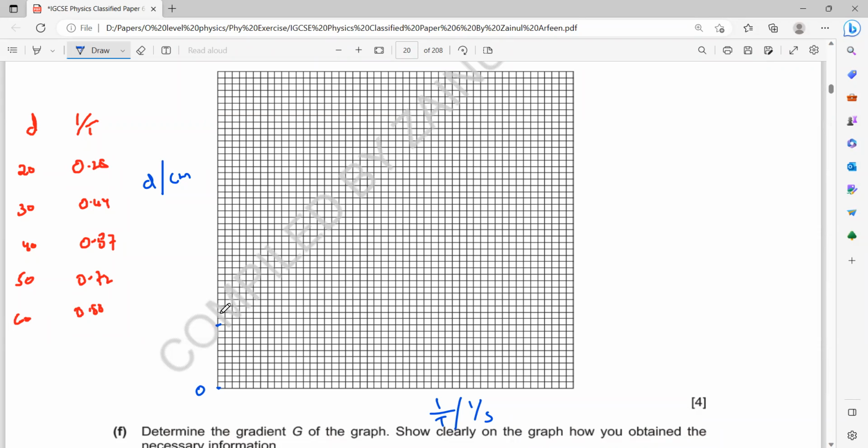This will be 10, 20, 30. Because I will have 10, 20, 30, 40, so it won't complete.